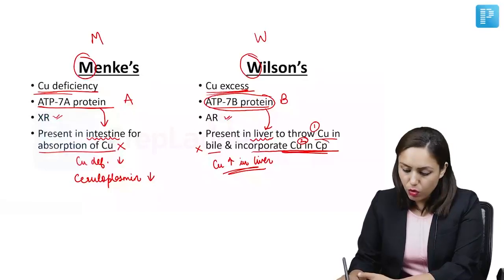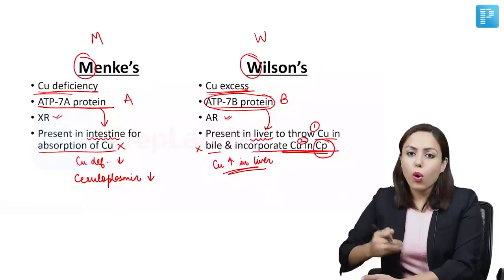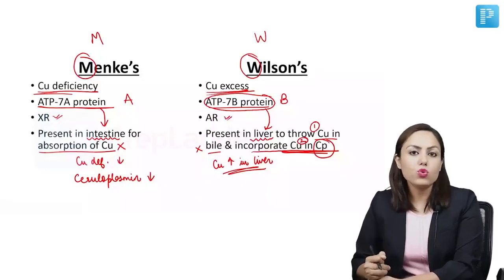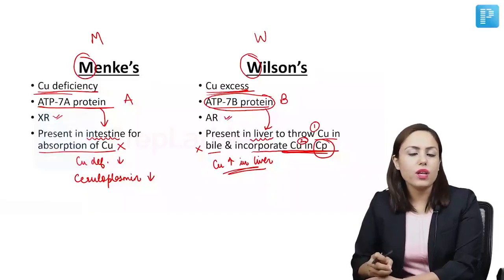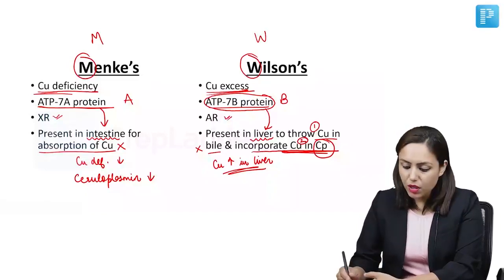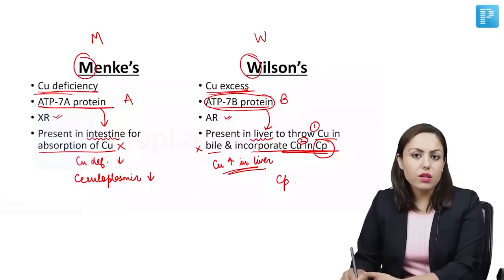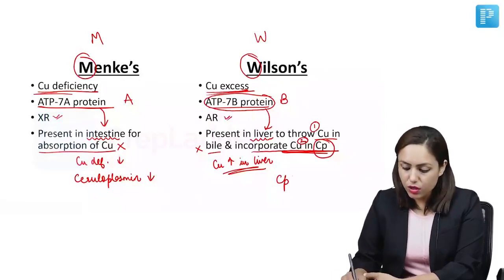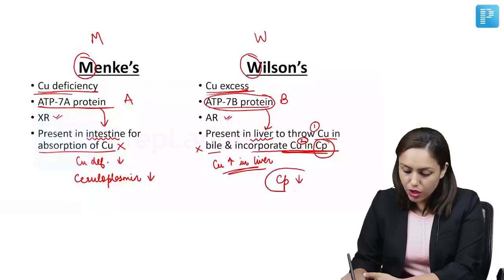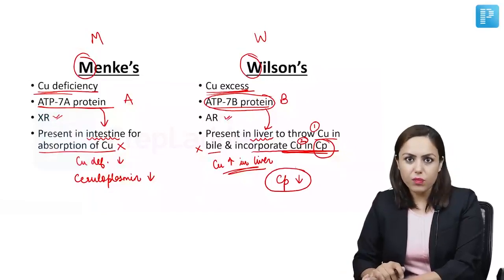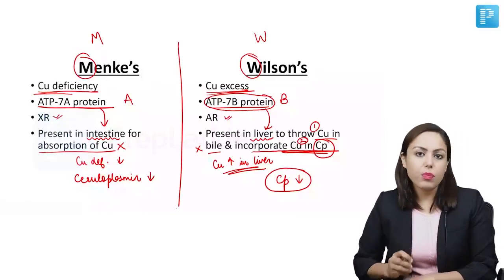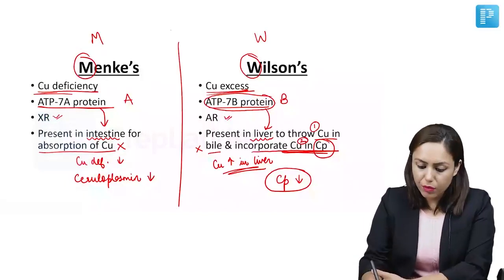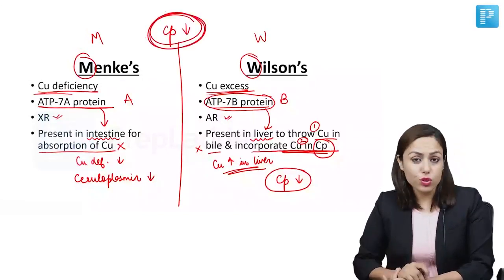CP stands for ceruloplasmin. So now copper is not getting incorporated into ceruloplasmin. Although there is a lot of copper in the body, it is not getting incorporated into ceruloplasmin. So the active protein, the holoprotein, is not getting formed. So ceruloplasmin is decreased, right? So there are many differences between Menkes and Wilson's, but there is one thing common in both of them, that ceruloplasmin CP protein is decreased in both, right?